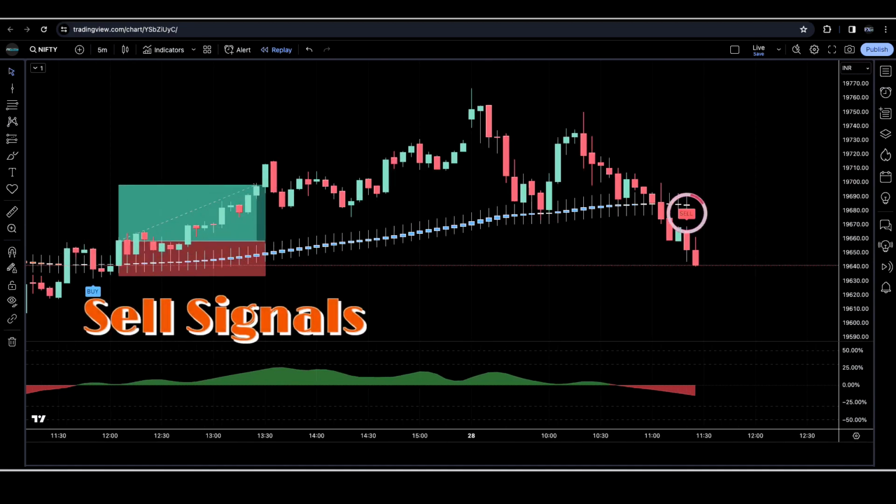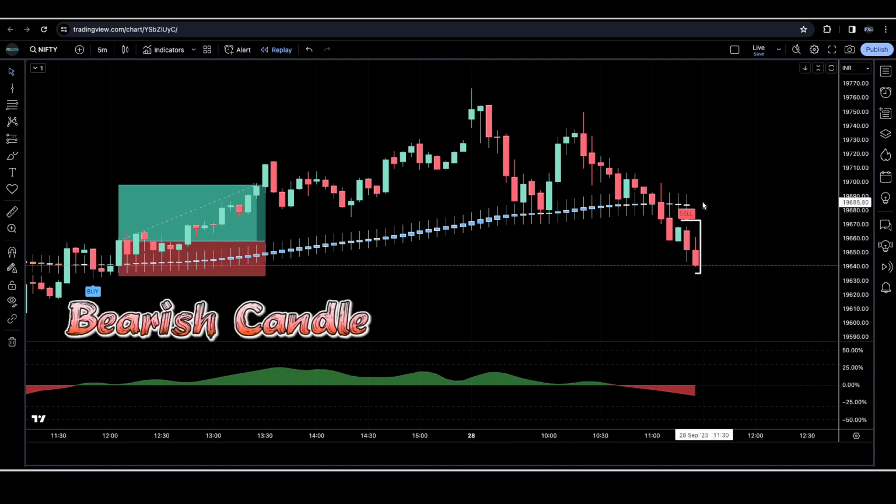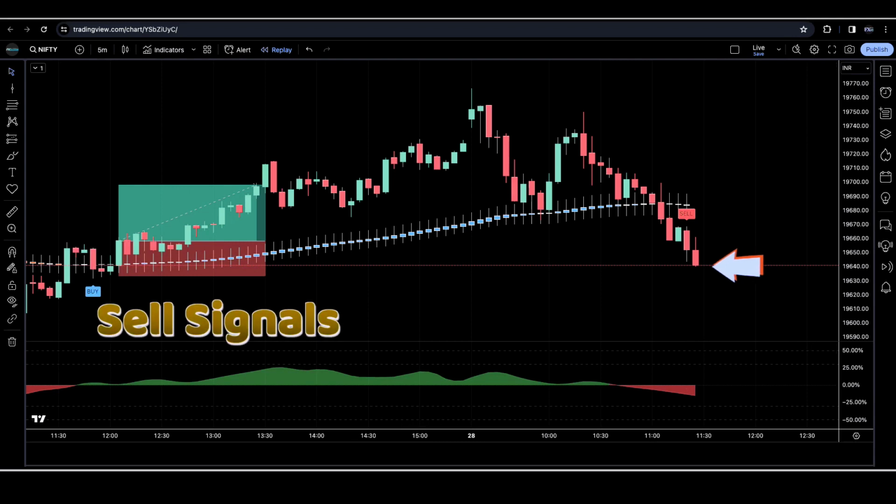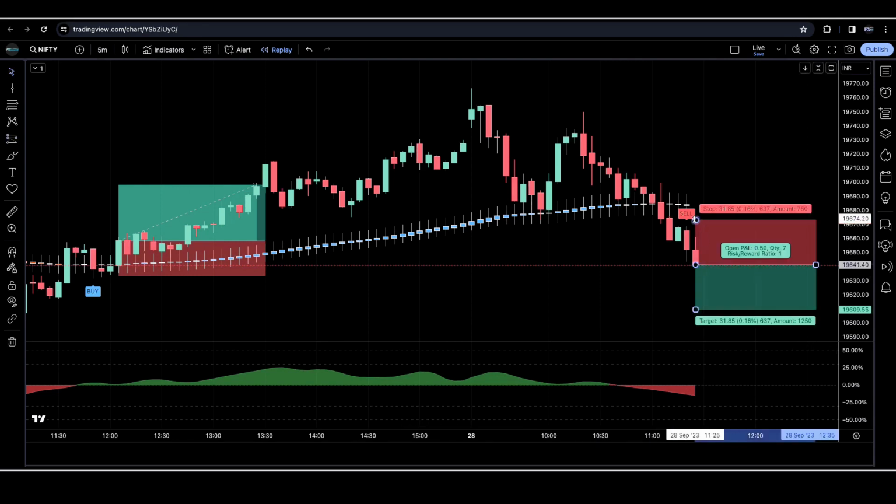Here the Heikin Ashi Smoothed Indicator has given us sell signals. The market has made two bearish candles to give confirmation. The rolling volume of Heikin Ashi Rolling Indicator shows a bearish histogram. All these conditions are met, we will place a sell order. Our stop loss will be placed at the Heikin Ashi Smoothed Indicator of candle higher.